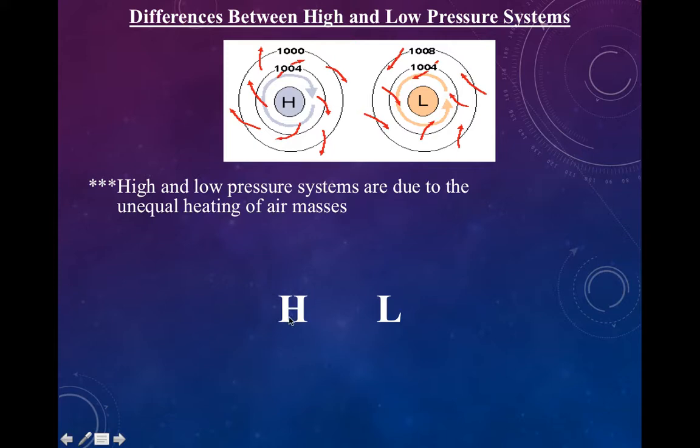So how are we going to be able to tell what happens with wind between a high pressure and a low pressure? I want you to do the following when you're asked about what's happening with wind in a high pressure and a low pressure area. And here's how you're going to do it. I'll just use arrows here. Hopefully this works. I've never tried the arrow function on this, but winds will blow from high to low air pressure.